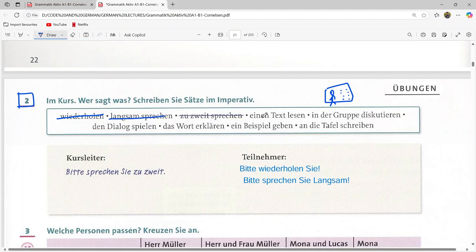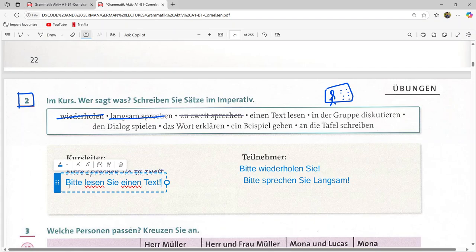Okay, einen Text lesen, read a text. So who usually says that? The teacher. If you want to say this to the students in the imperative form, then you can say like this, bitte lesen Sie einen Text.